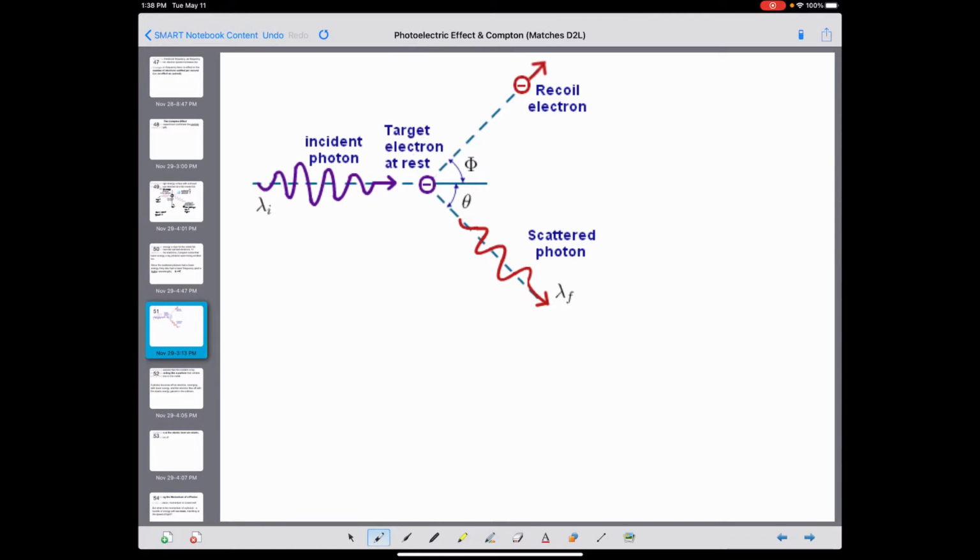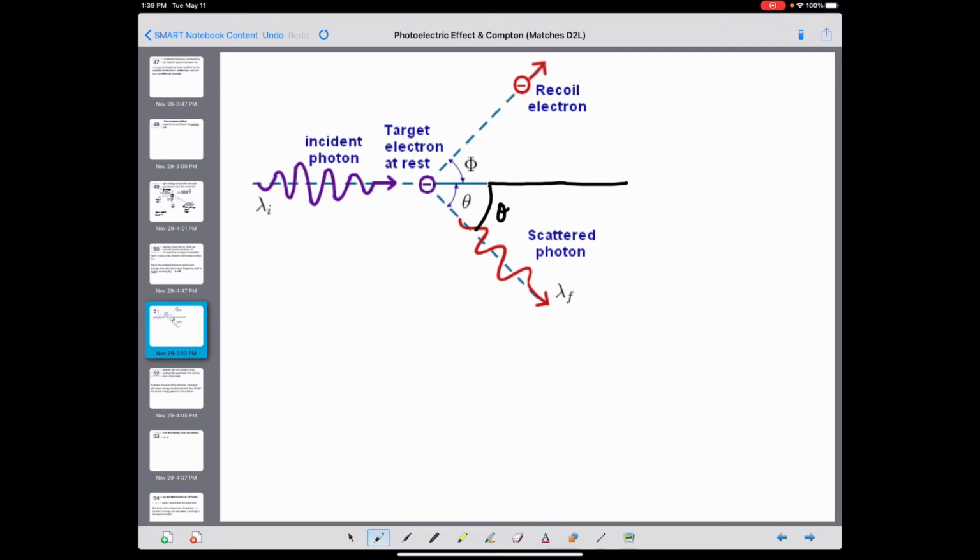All right, here's another picture of what happens in the Compton effect. A couple things I want to point out here. So our incident photon, if we draw a line just extending the line that the incident photon was traveling along, this angle here between the incident photon's path and the scattered photon's path, that's what we call theta.